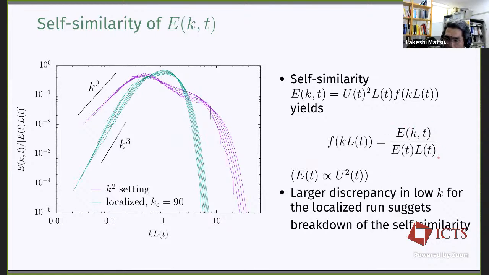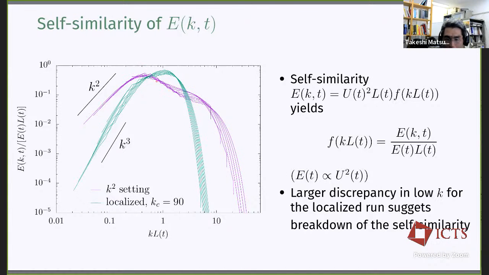So let's plot the right-hand side. For the classical setting with the k-squared energy spectrum, the initial energy spectrum looks like this one. Let's assume for the moment that the high wave number part is not really relevant for this self-similarity of the decay. Just look at the low wave number part.